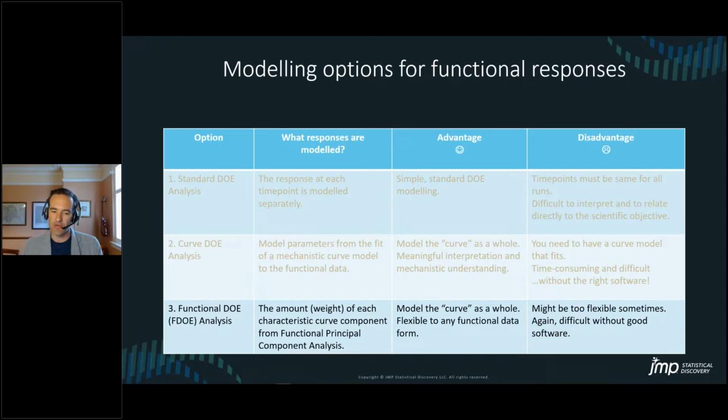You don't have a growth curve parameter, but it might tell you other things that you wouldn't otherwise capture. Again, that's quite complex to do without the right software, so that's a potential disadvantage. Again, we've got good tools in JMP Pro that are set up for this, and we've got a very active research group looking at improving these tools all the time.